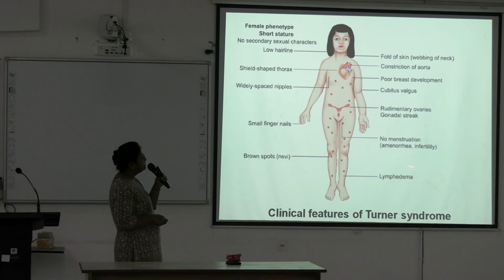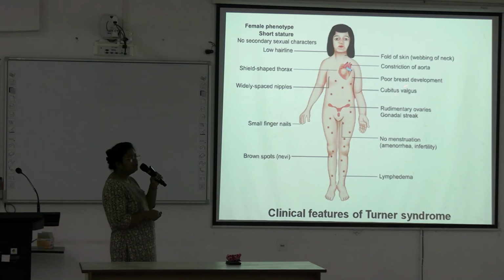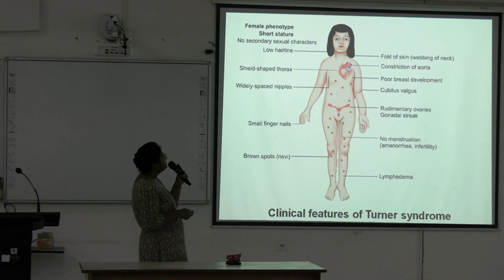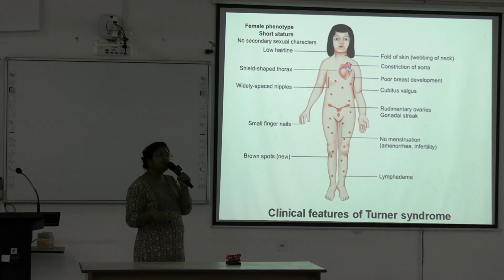There will be amenorrhea and infertility. There will be rudimentary ovaries or streak gonads. Cubitus valgus, that means the carrying angle will increase. There will be poor breast development, coarctation of the aorta, and webbing of the neck. There will be folds of skin on the two sides of the neck.